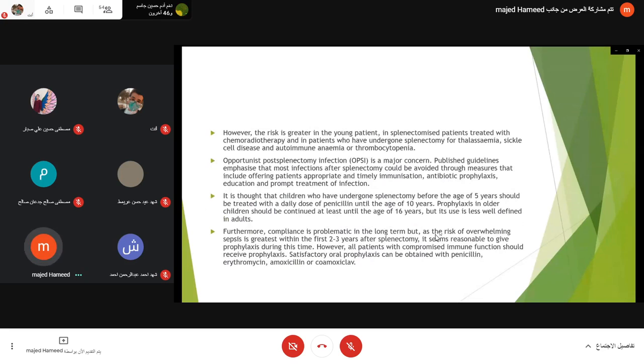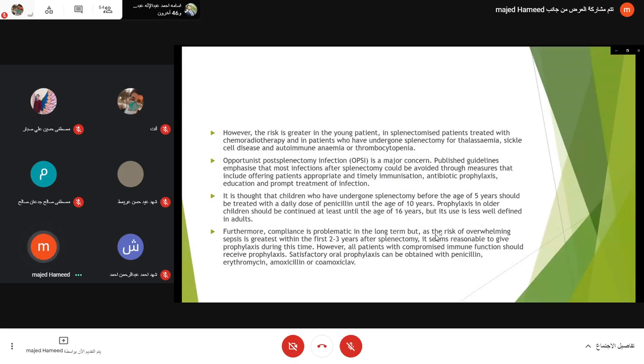However, the risk is greater in younger patients. In splenectomized patients treated with chemotherapy, and patients who have undergone splenectomy for thalassemia, sickle cell disease, autoimmune anemia, and thrombocytopenia, opportunist post-splenectomy infection is a major concern.